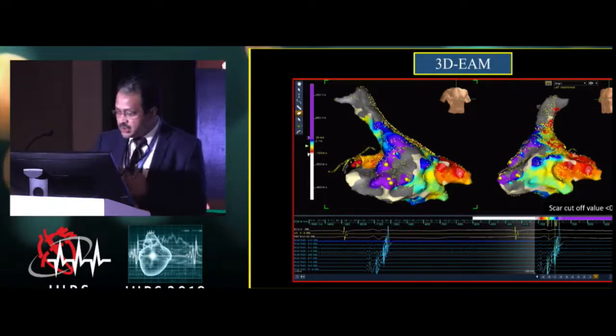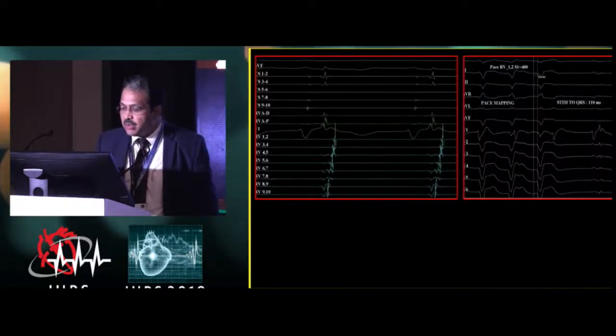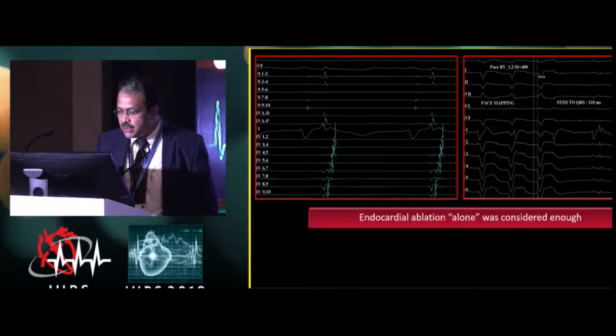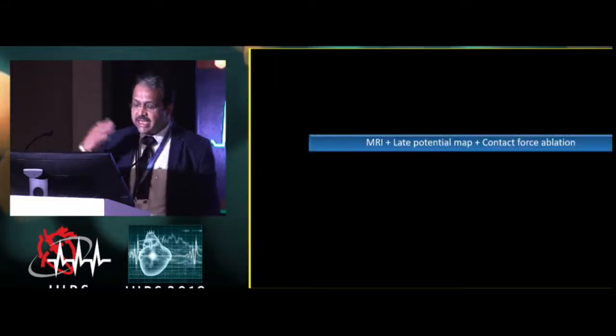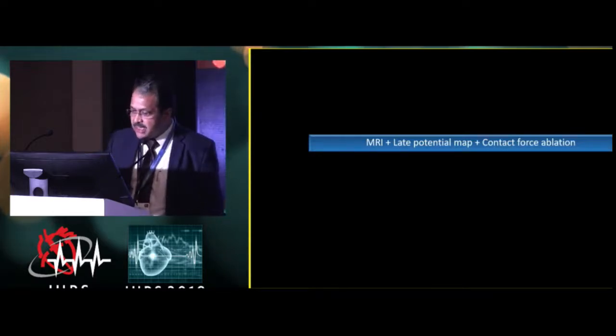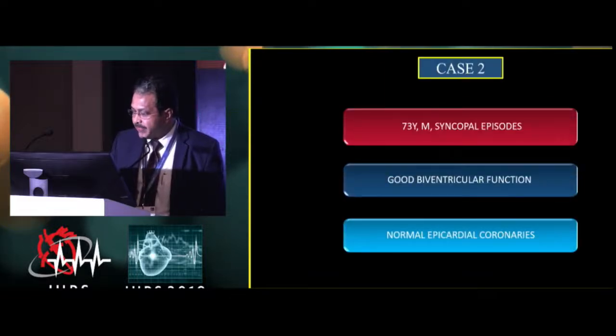Here you could actually localize such nice late potentials, and that was considered to be the reason for that monomorphic VT. And because there was no inducibility, we did not go ahead for some epicardial or some other sites of ablation. So in this case, it was the MRI, late potential map on top of conventional map, and the contact force visualization of the ablation catheter that helped us.